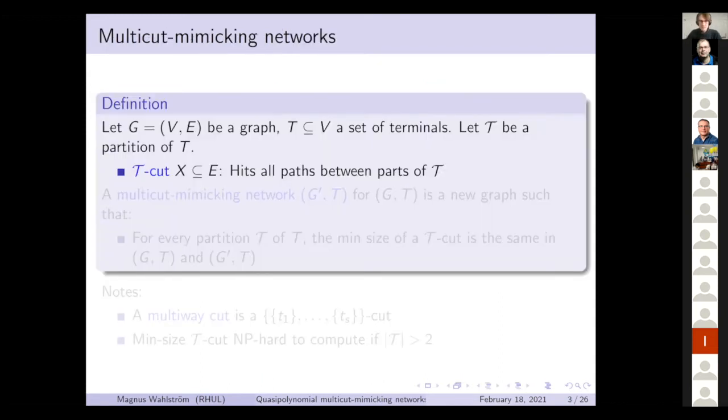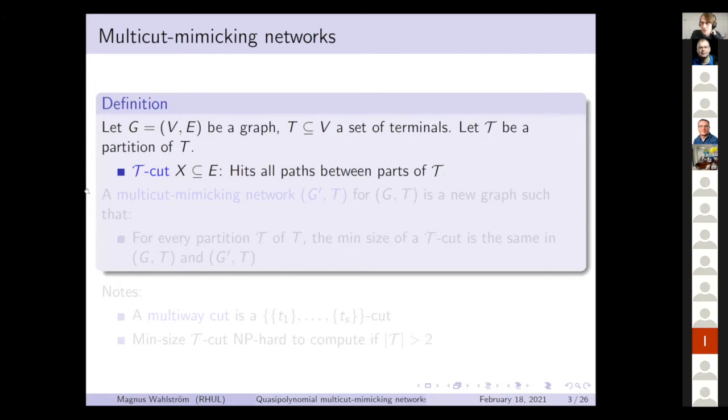Slightly more carefully, if you have a set of terminals and a partition of the terminal set, a partition cut is a set of edges X such that in G minus X, every connected component of the graph contains terminals from at most one of these parts.